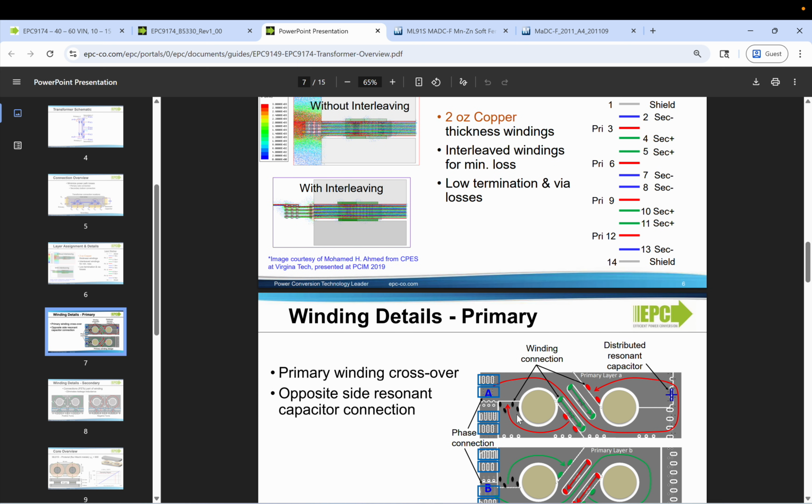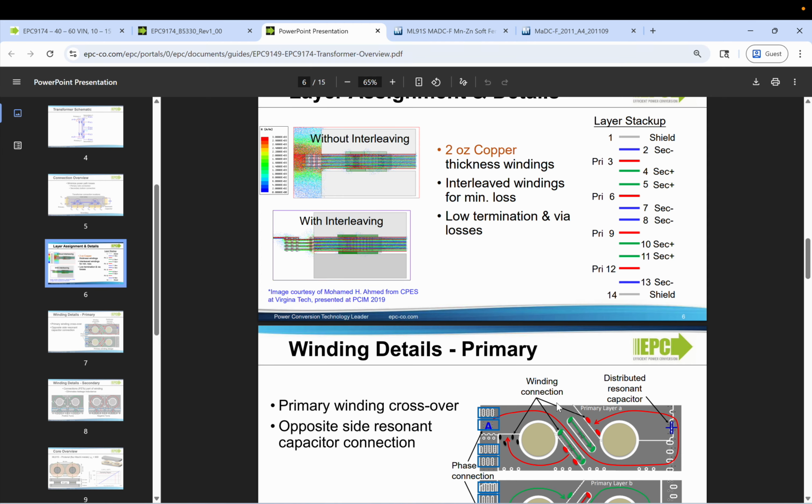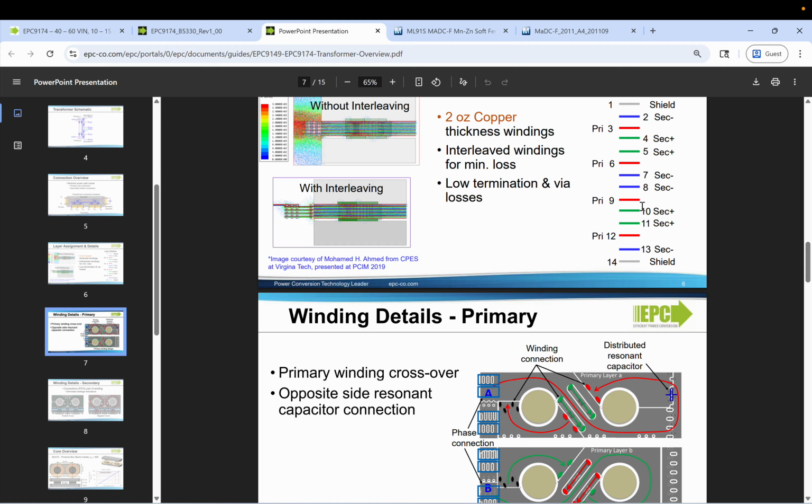If you assume this is one leg of the transformer and everything from top to bottom is across this and this, so if you see secondary plus, secondary plus, secondary plus, secondary plus, they have 4 in parallel, 4 for a single turn across one transformer. They have 4 in parallel.